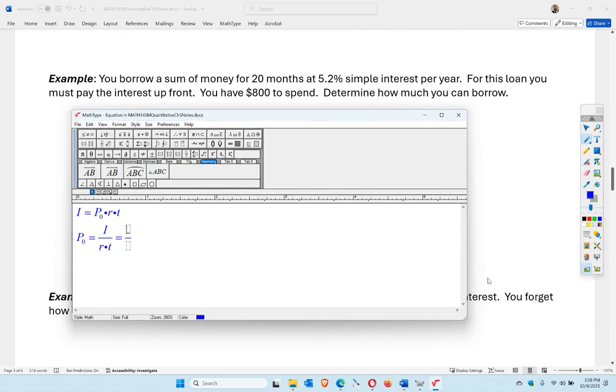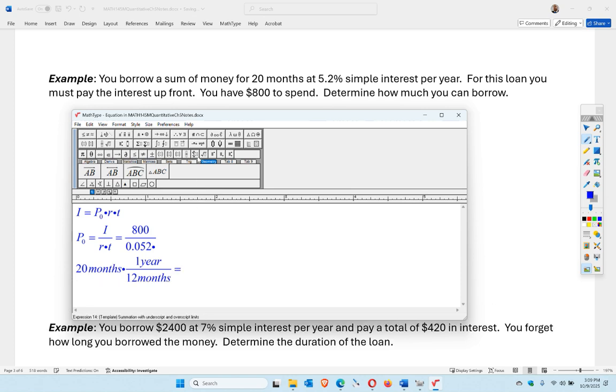All right, so the interest is $800 to spend in interest, right? The rate is 0.052 for the 5.2%. And then 20 months, ooh, that's not going to work, is it? Right, so 20 months is 1 year to 12 months, correct?